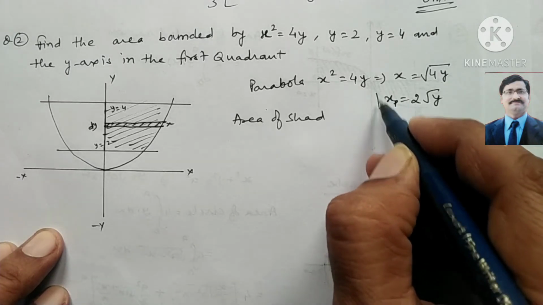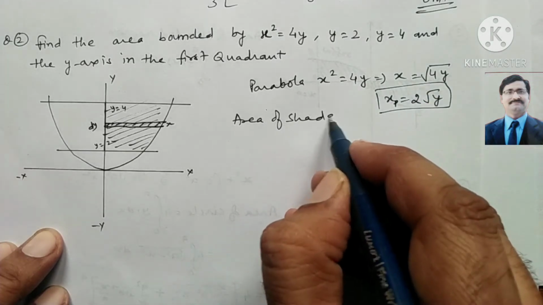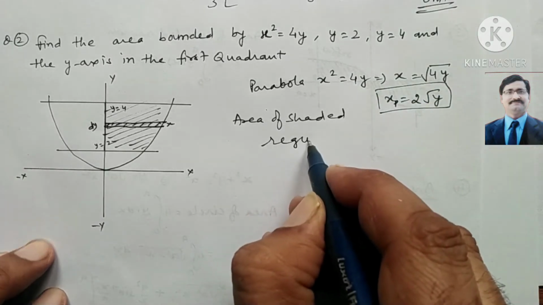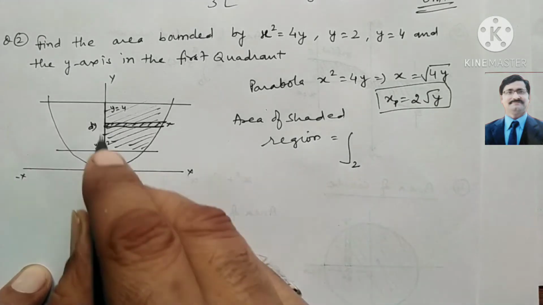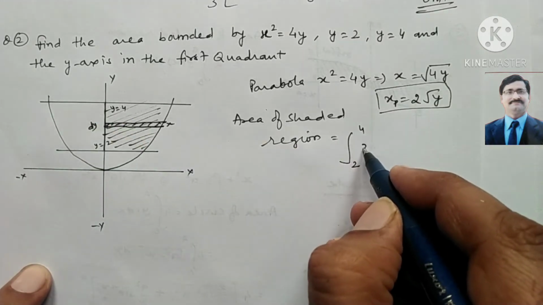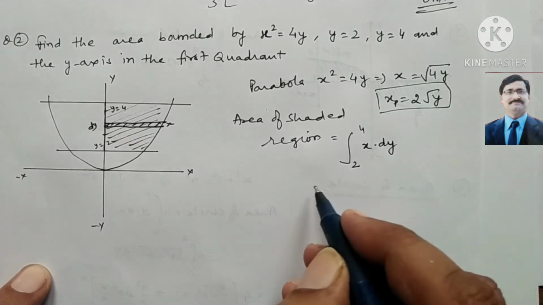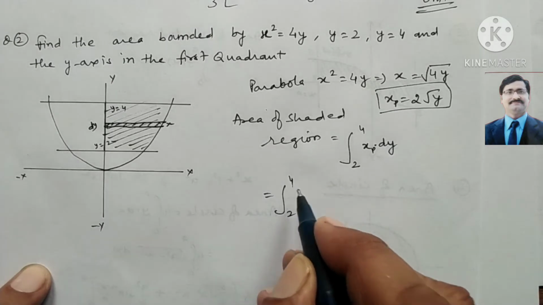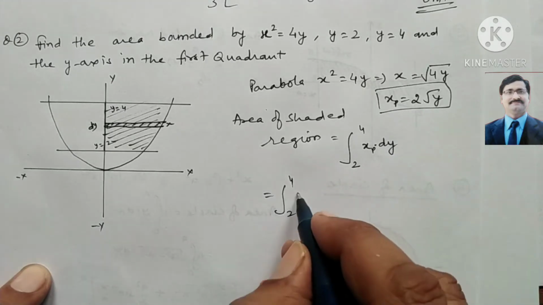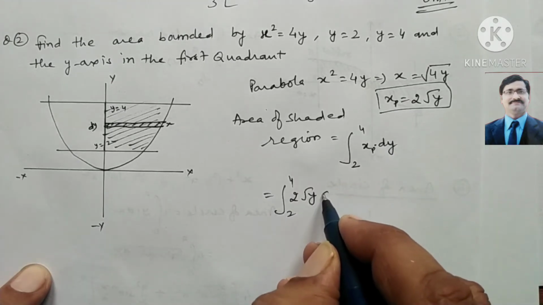Okay, now area of shaded region we have to find, and this will be equal to, the limit is here 2 to 4, x into dy, and x we write from parabola. So this is 2 to 4, x is 2 root y and dy.